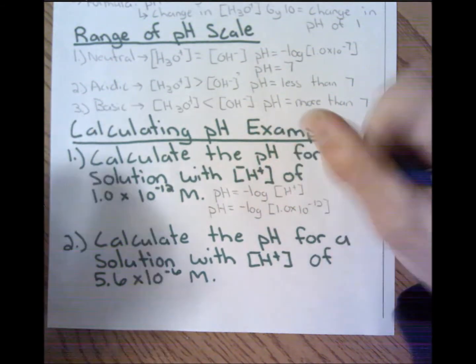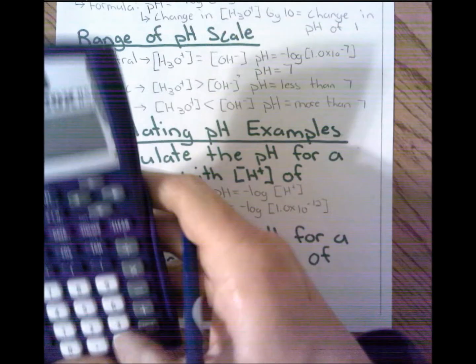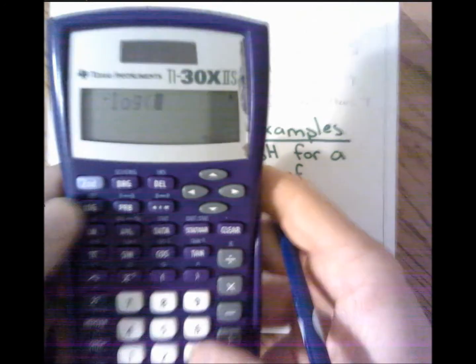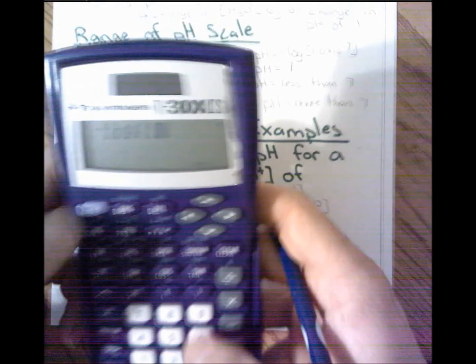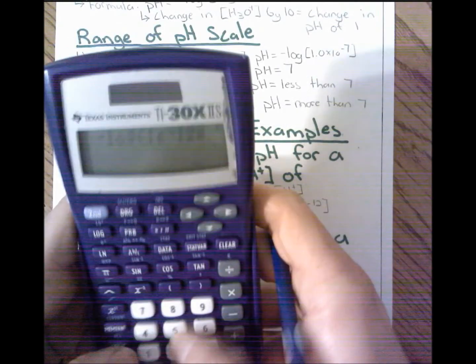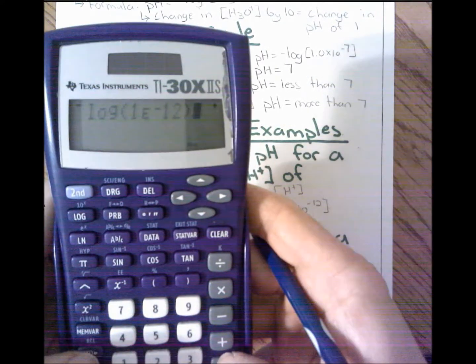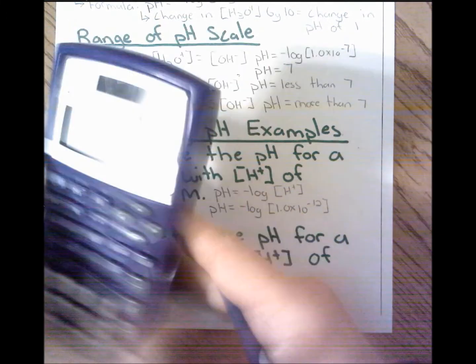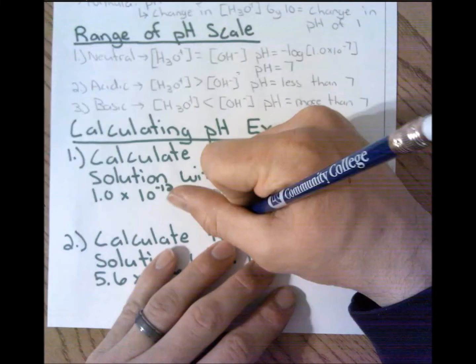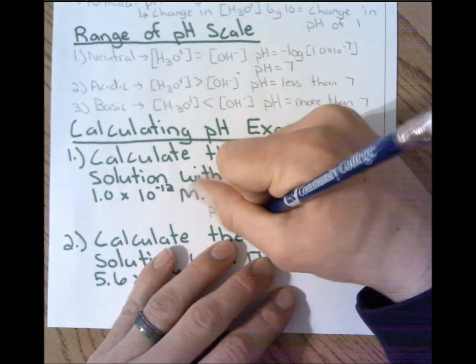So again, if I plug that into my calculator here, I get negative log of 1 times 10 to the negative 12. I press enter, and I get a pH of exactly 12.